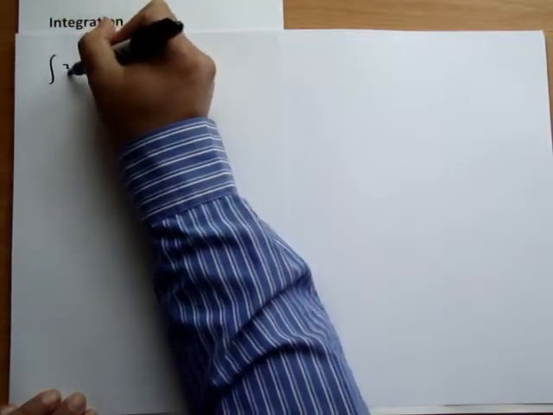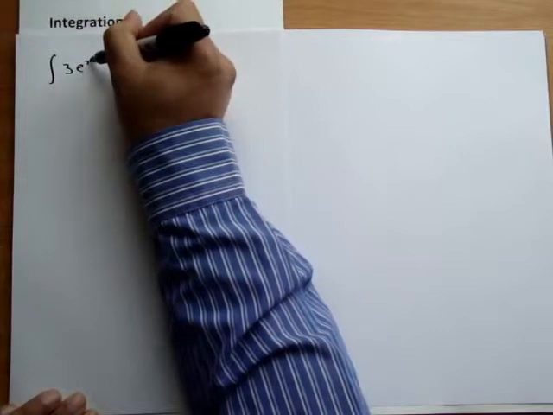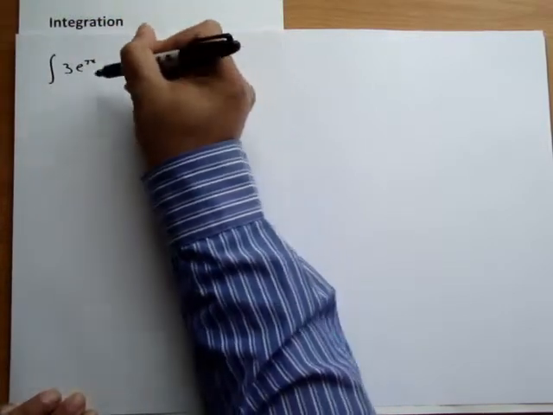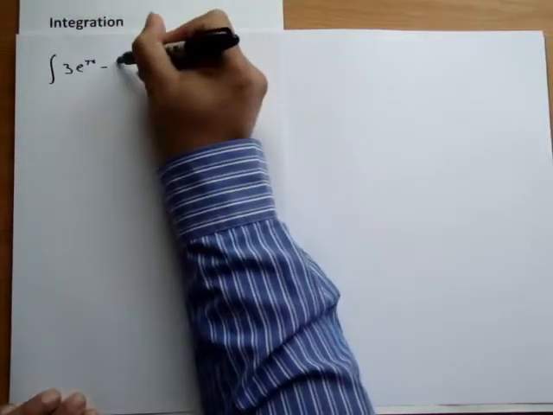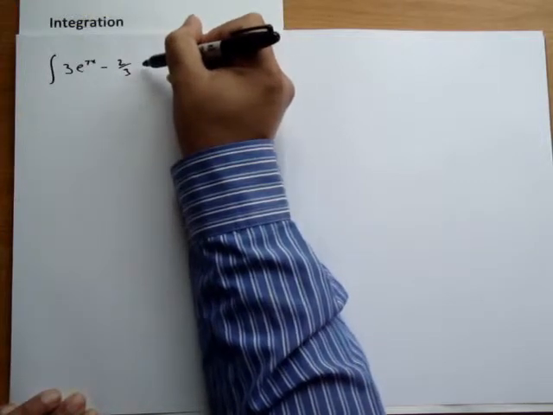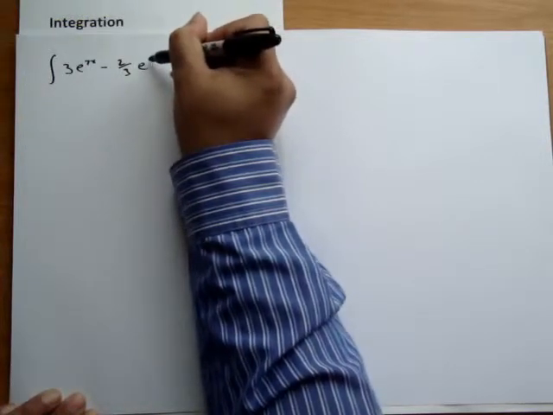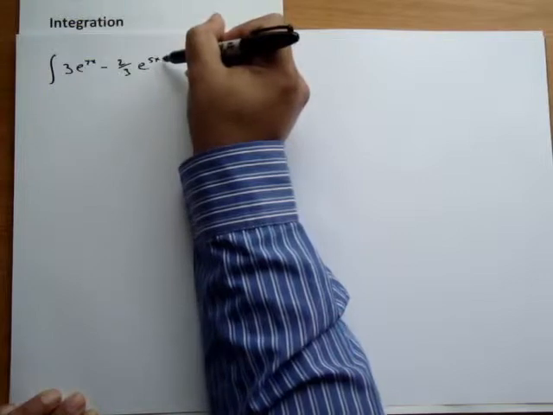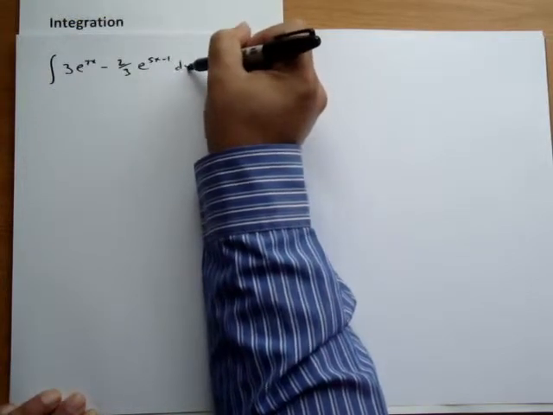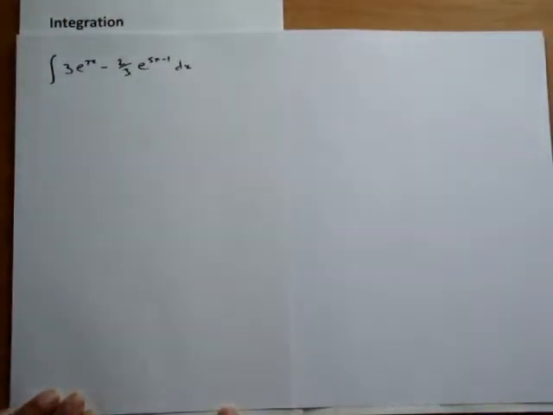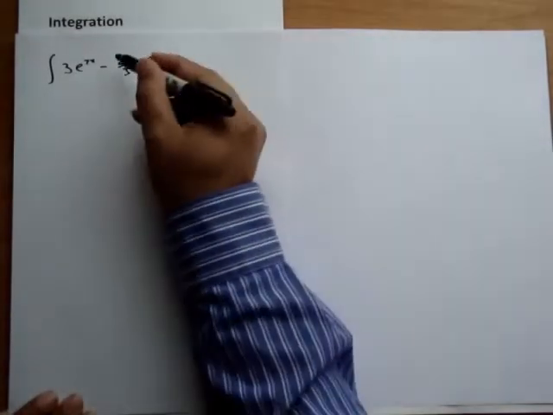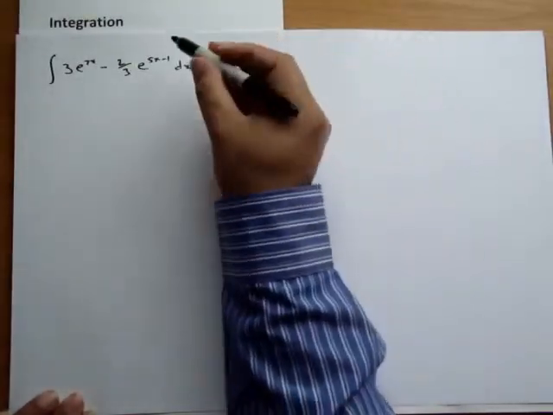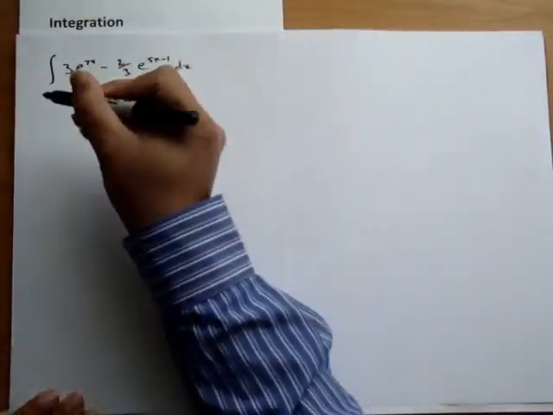Integral of 3 e to the 7x minus 2/3 e to the 5x minus 1 dx. So what can we do here? Well, if there's a minus sign or a plus sign, we can split this into two integrals.